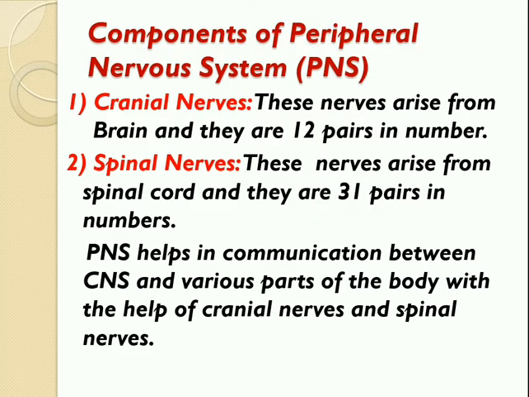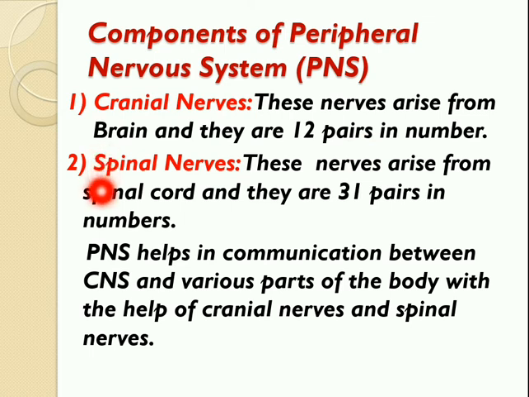So, what are the various components of the peripheral nervous system? The peripheral nervous system is composed of cranial nerves and spinal nerves. Cranial nerves arise from the brain, they are 12 pairs in number, and go to the various organs of the head and neck region.